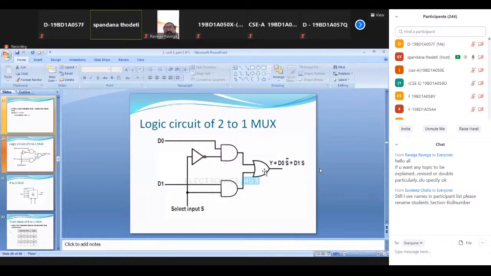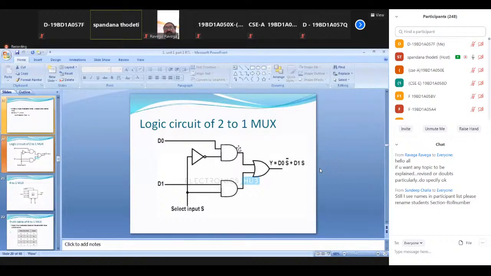Right? Now, when you see the logic circuit for this, how do we construct the logic circuit? The two input lines are D0 and D1. S is your selection line, right? Now, these two input lines are given as input to an AND gate, a basic gate.